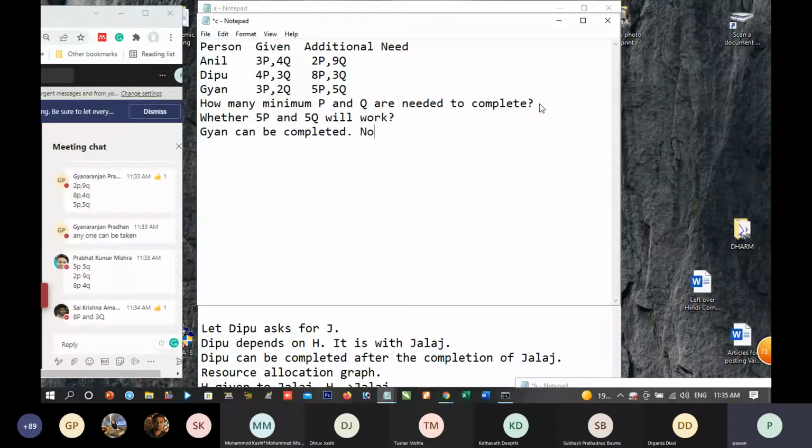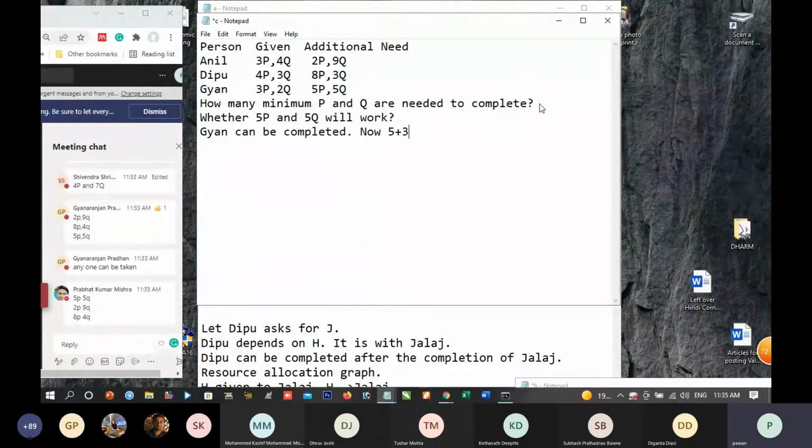Now 5 plus 3P equal to 8P and 5 plus 2Q, seven Q available. Now Deepu can be completed.